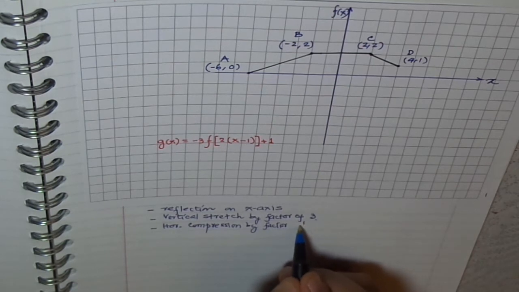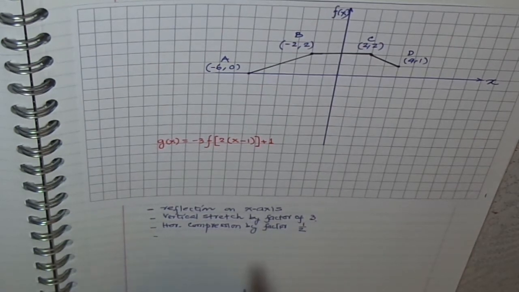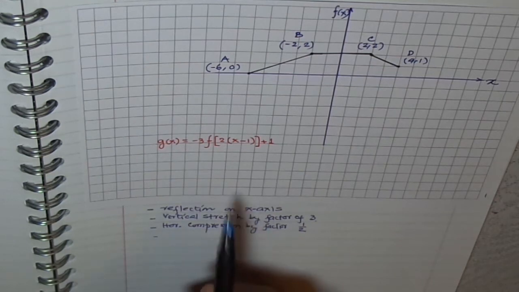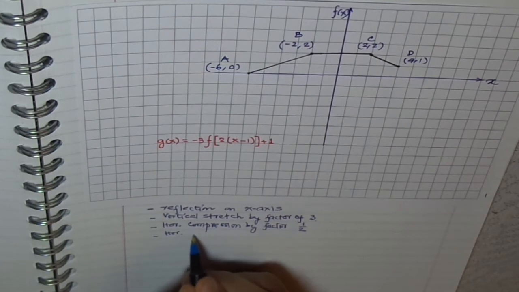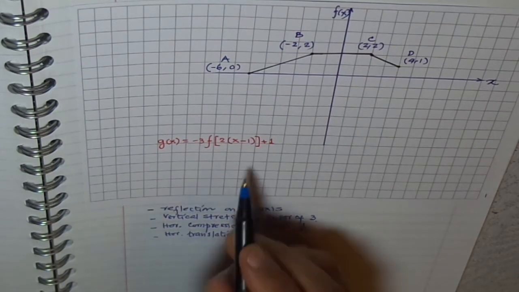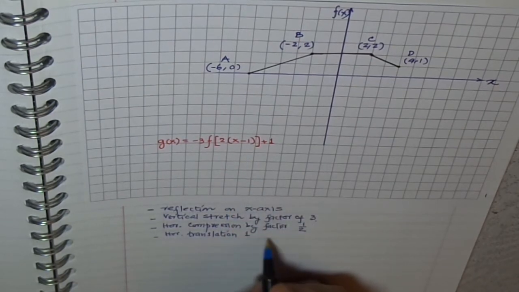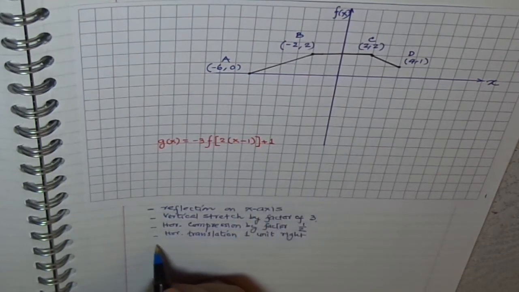Not 2, half, 1 over k. And then we do horizontal and vertical translations. This one is a horizontal translation, 1 unit, right. And this one, 1 unit up.